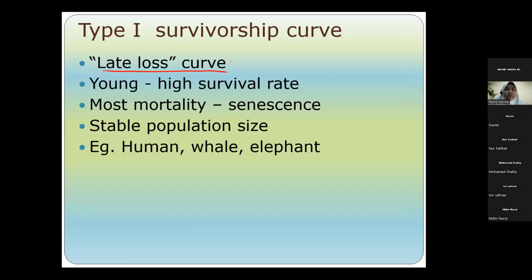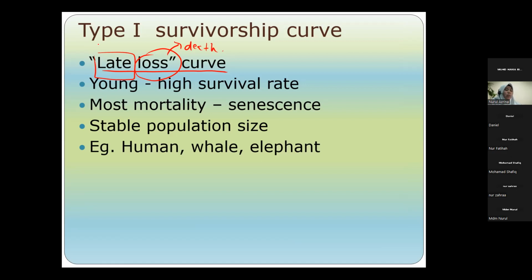Tengoklah gambar curve tu. Apa maksud late loss? Higher rate of loss ataupun death that happen at later age. So this is what I call as late loss curve. Okay, right.